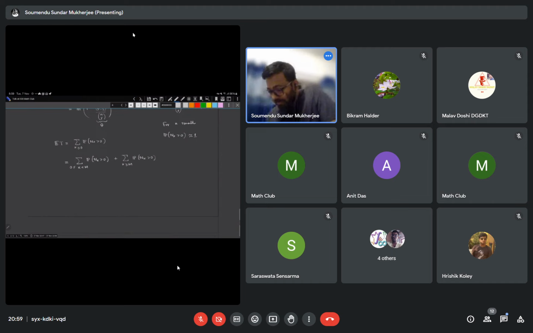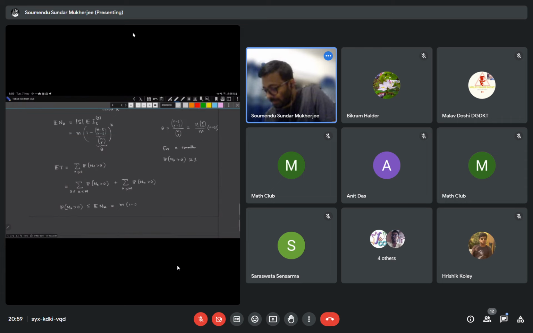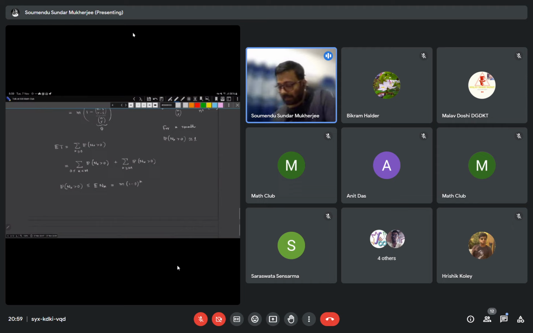So we just saw that the probability that n_k is bigger than 0 is at most the expectation of n_k, and that is m times (1 minus theta) to the power k. So if you look at this tail sum here, this is at most a geometric series, basically the only series that we know how to sum.